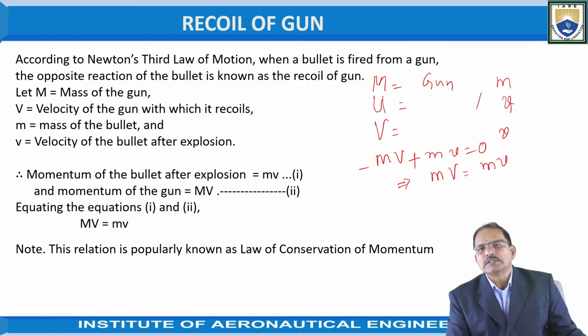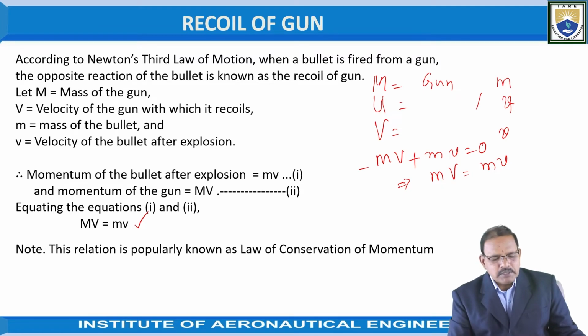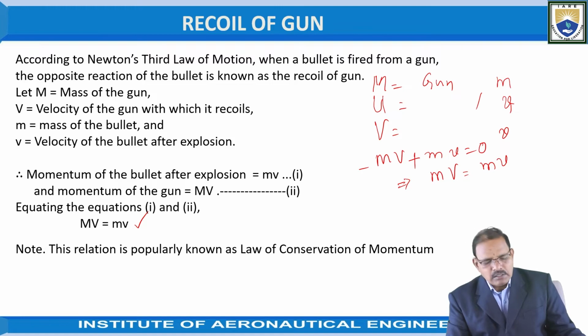Since the mass of the gun is very large, the velocity with which it moves in the backward direction is comparatively small. This phenomenon of the gun moving backward when the bullet is fired is called recoil of the gun, given by M V is equal to m v, where capital M is the mass of the gun and capital V is the velocity with which the gun moves backward, which should be equal to m, the mass of the bullet, times small v, the velocity of the bullet which is fired.